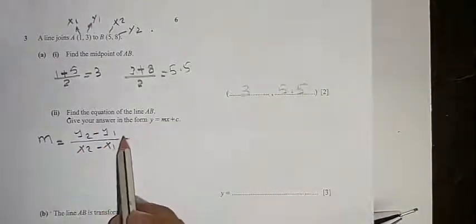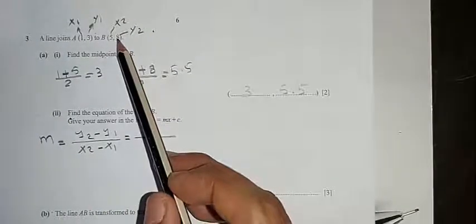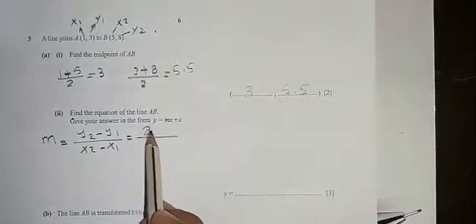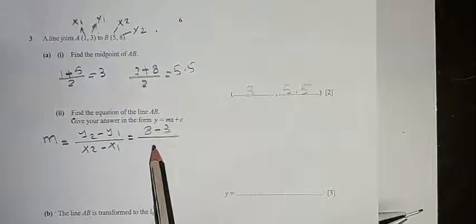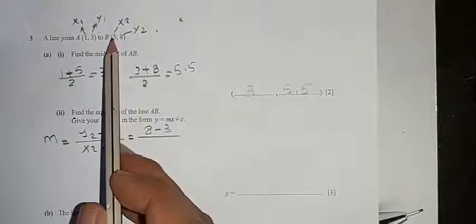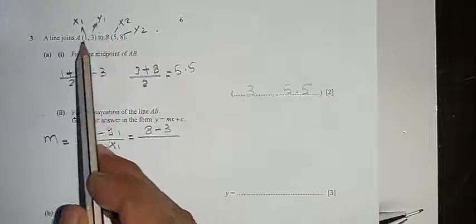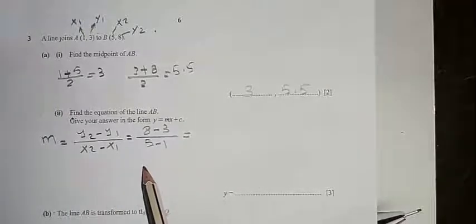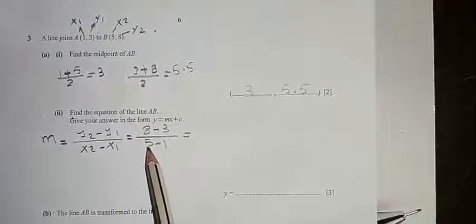This will be equal to y2, which is 8, minus y1, which is 3, 8 minus 3, and down, x2 minus x1, 5 minus 1. 8 minus 3 is 5, and 5 minus 1 is 4, so 5 over 4. This is the gradient, m, 5 over 4.